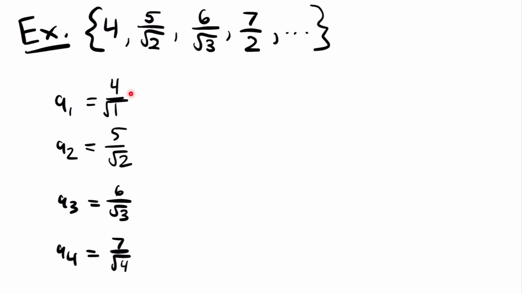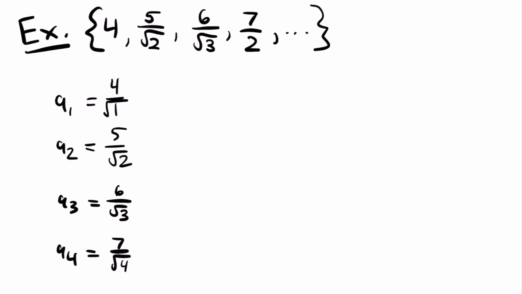And so now that they all look very similar, what we want to do is compare them to the value of n for that term. So for our first term, n is equal to 1, and so do you see any 1s within this expression? Well, in the denominator, we have the square root of 1. Now if we look at our next term, n is equal to 2, in the denominator, we have the square root of 2.